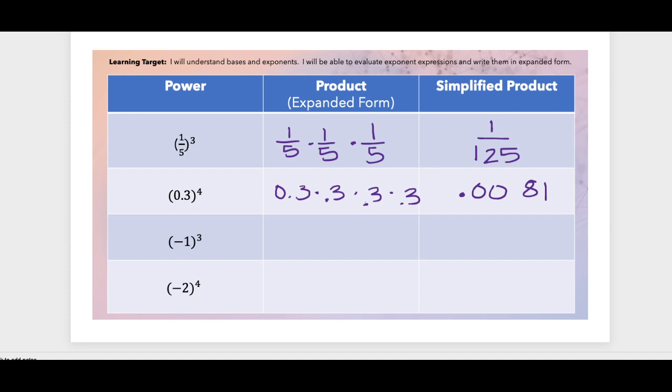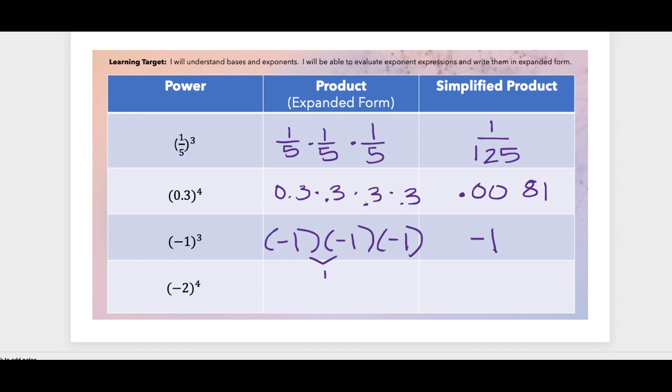Okay, on the next one, you'll notice that I actually have a negative base number. And since the negative symbol is inside the parentheses, that means I'm going to multiply this -1 times itself 3 times. So -1 times -1 is a +1, and then a +1 times a -1 gives me a product that is a -1.